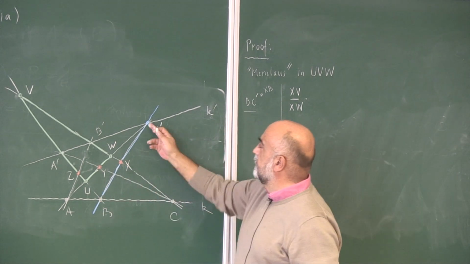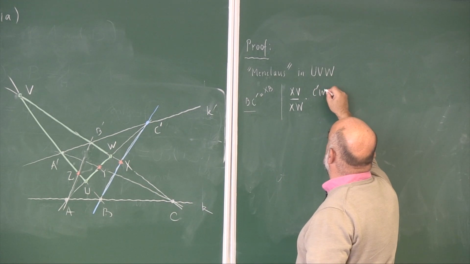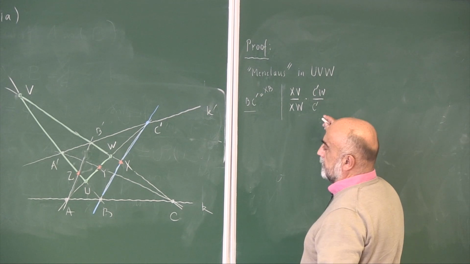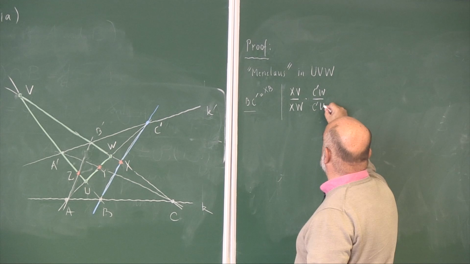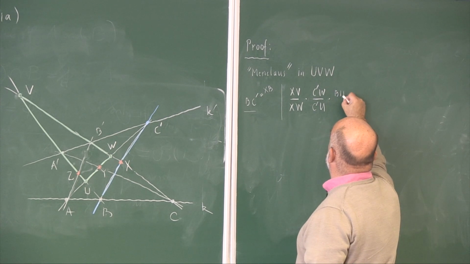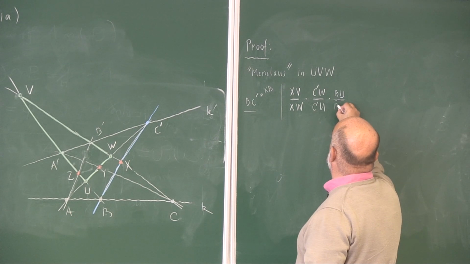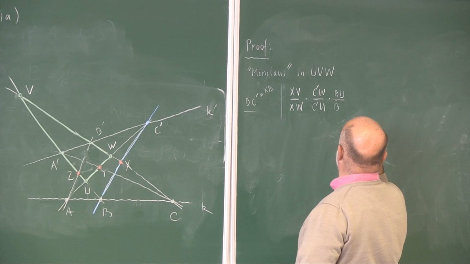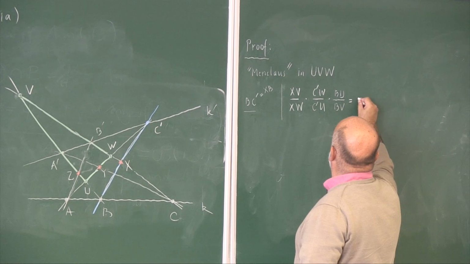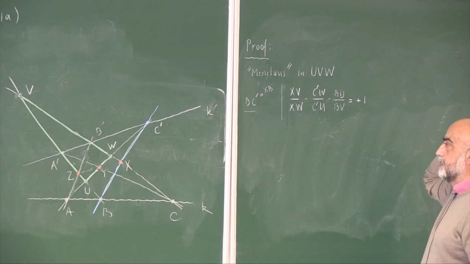And of course, what you've got is C prime W by C prime U. And finally, BU. I have chosen my notation carefully. So once again, you can really go blindfold.